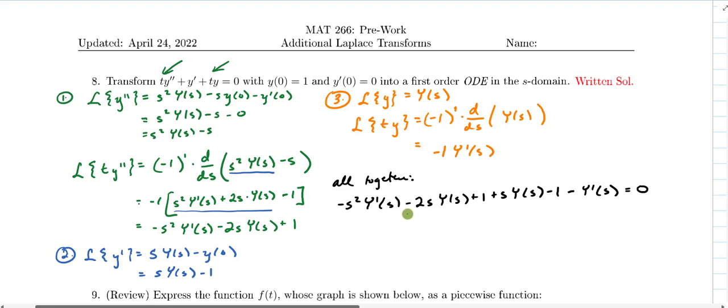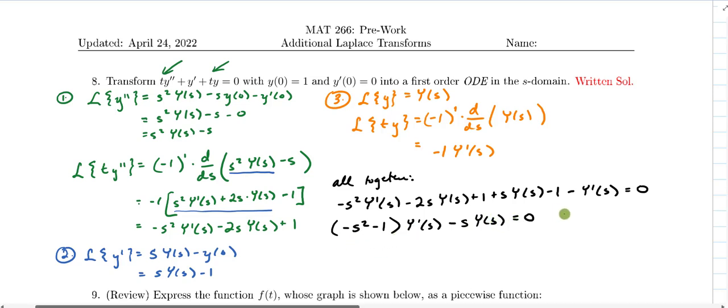If I continue to clean this up, I end up with minus s squared minus 1 y prime of s. The 1's cancel, and then I've got minus s y sub s equals 0.